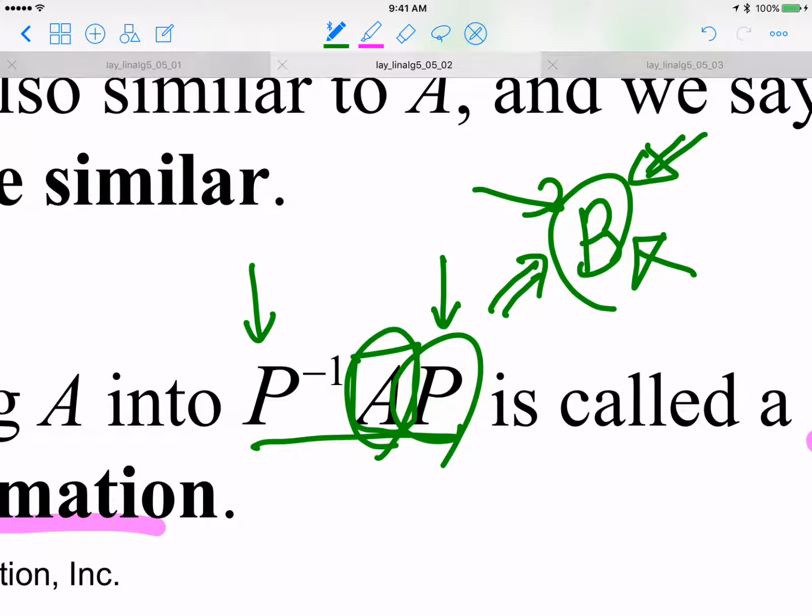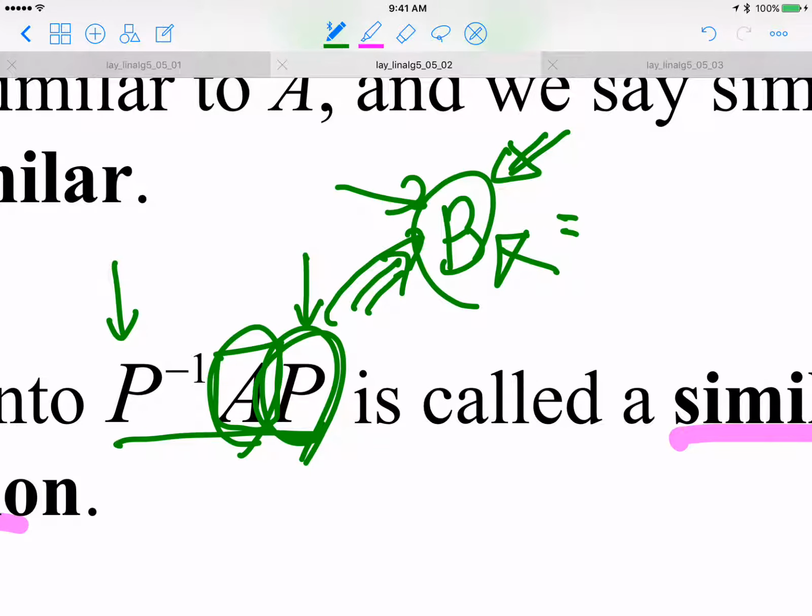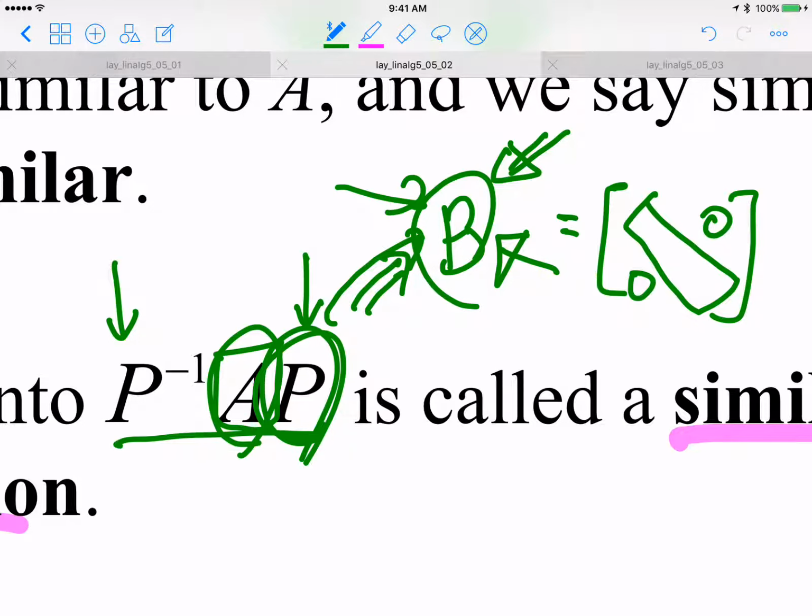So you want to find some matrix P so that this matrix B is a diagonal matrix. And these diagonal entries will be your eigenvalues.